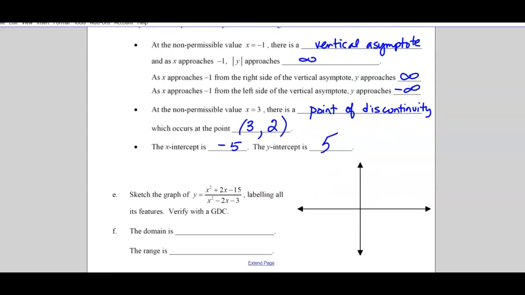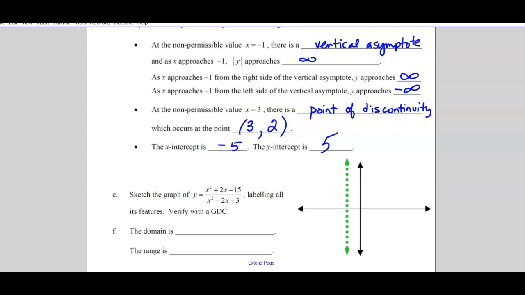Okay, so now we're going to sketch it and then verify. So think about your asymptotes. Okay, so the vertical asymptote is at negative 1. Then, what else do we know?